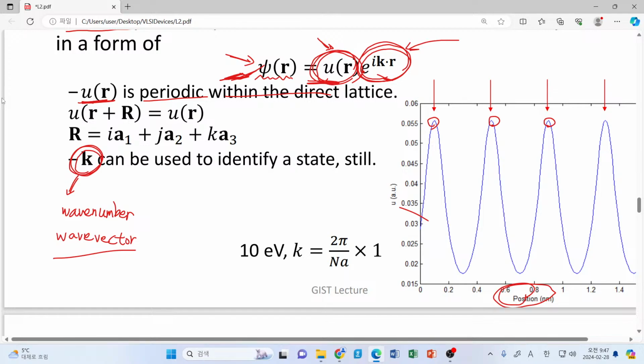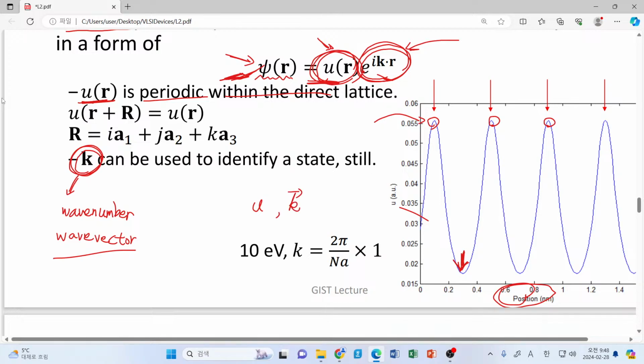You can easily understand that if we have a potential well, our electron tries to occupy the position of the potential well. So electrons have more chances to occupy the potential well, and the midpoint between two potential wells is less preferred by our electrons. That is written here. Therefore, in order to clearly identify our electronic state, we must know u and k.